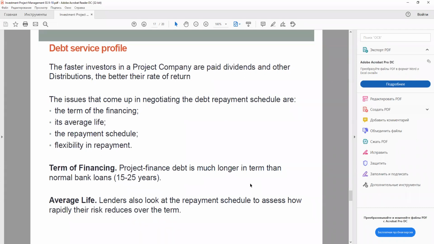That can be calculated in a variety of ways, based on the period of time until half of a loan has been repaid. So in this approach, if a loan of 4 is repaid over 4 years in annual installments of 1, the average life would be 2 years, because at that point half of the loan has been repaid.